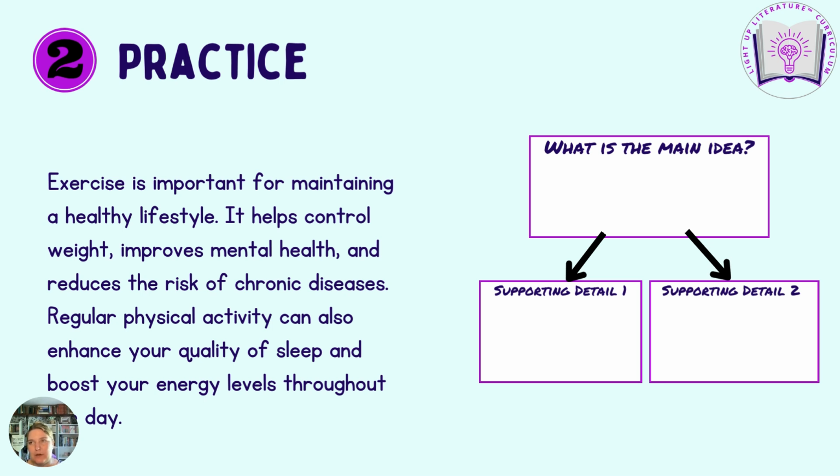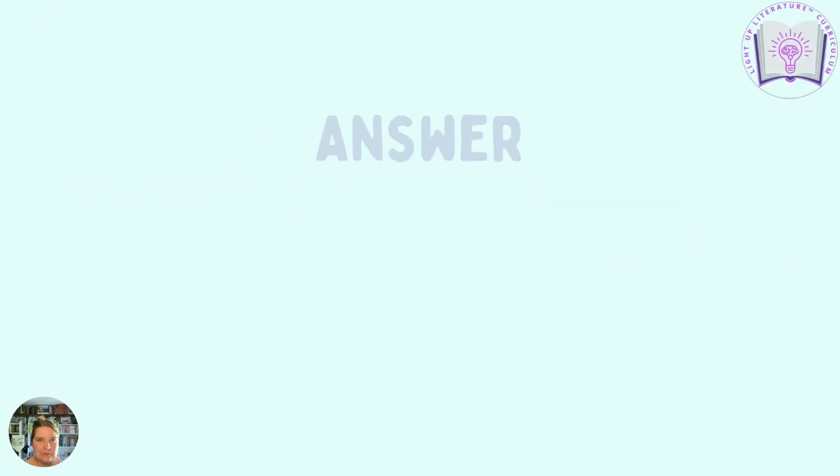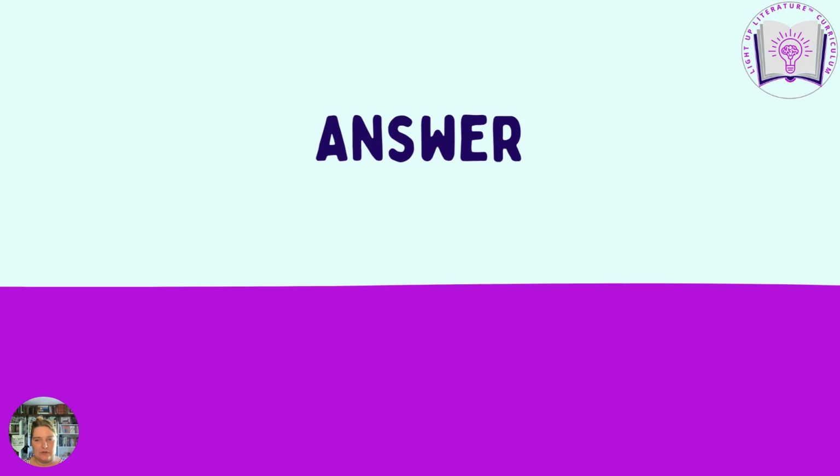Now, we read that paragraph. What are we talking about? Exercise. Why we need to exercise. Now, you notice it says exercise is important for maintaining a healthy lifestyle. That's the official version, but we can put it into our own words. So let's look at our answers.